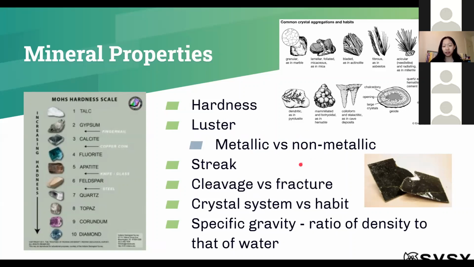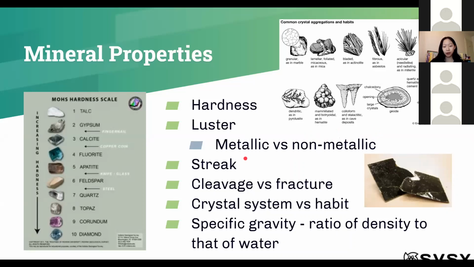Non-metallic can be split into other categories that are also pretty self-explanatory. For example, we can have earthy, which is dull and earthy looking, and pearly or vitreous. Vitreous means glassy, because of the prefix vitro, which means glass. There are other lusters that are similarly named.